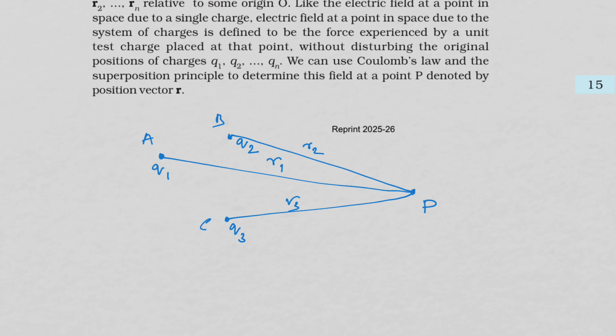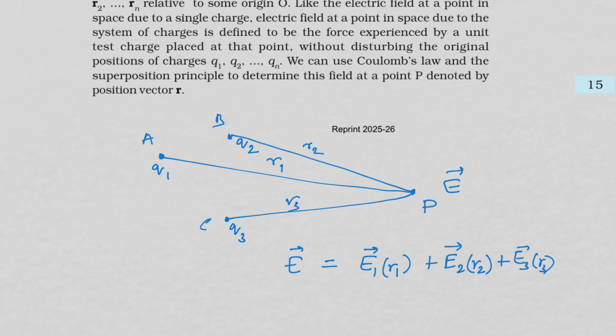So the electric field E at P is actually the electric field at P due to charge 1, which is R1 away, plus the electric field at P due to the second charge, which is R2 away, and then plus E3, R3, and so on.